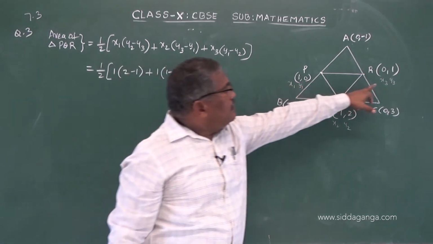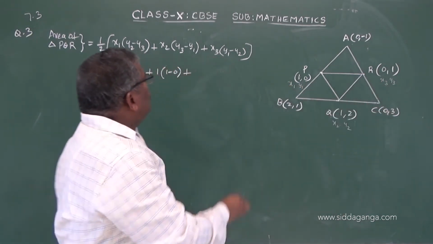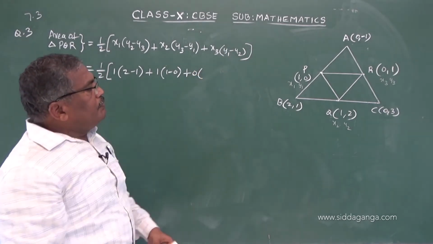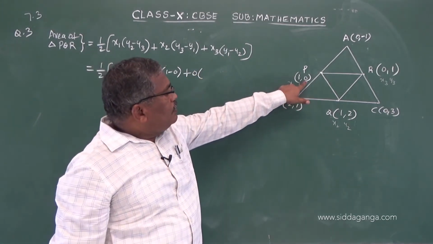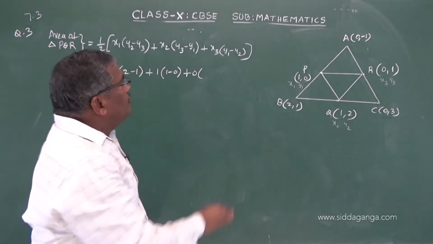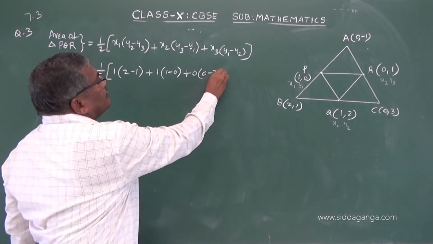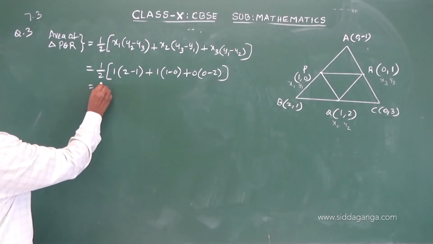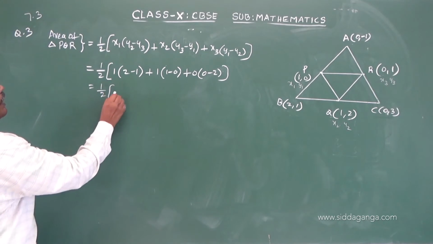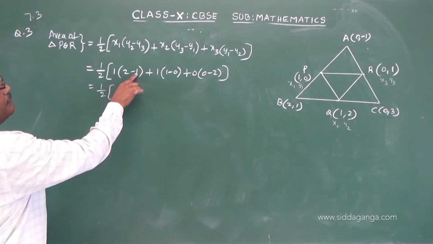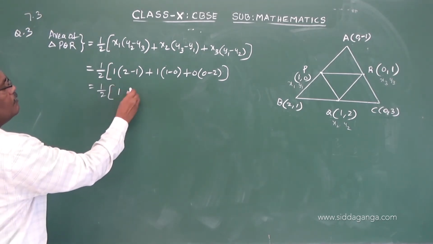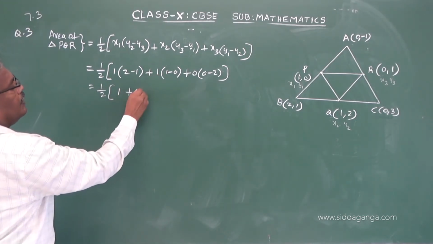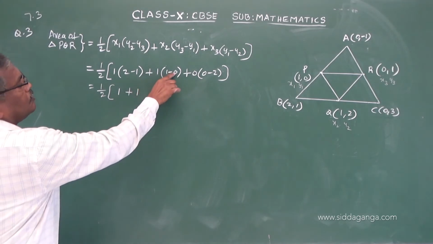So x3 is 0 here, so I will write 0 times (y1 minus y2), 0 minus 2, 0 minus 2, close the bracket. So this becomes 1 by 2 times the bracket: 2 minus 1 is 1, 1 into 1 is 1, plus 1 into 1 is 1, 1 into 0 is 0.